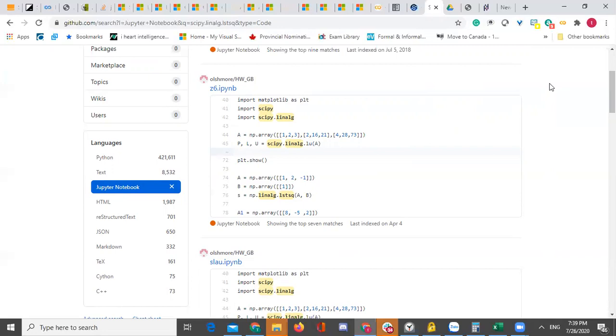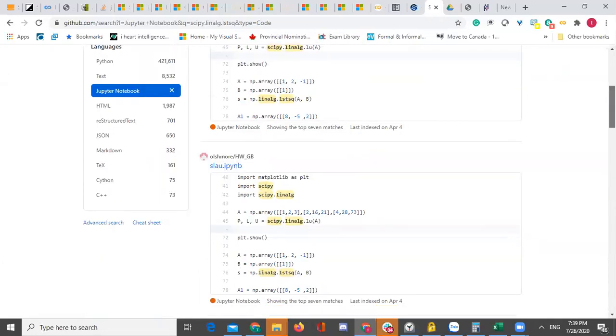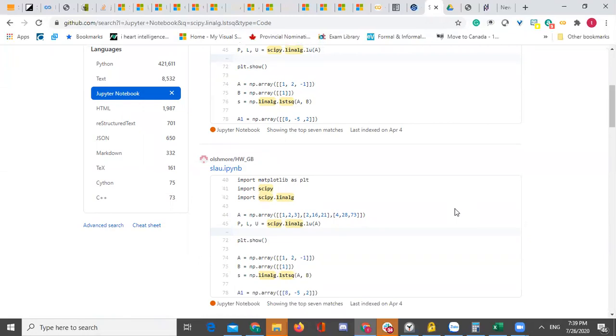If A is an array, so what is PLU? Oh, they are vectors. So they are matrices. Okay, so we have three values here.